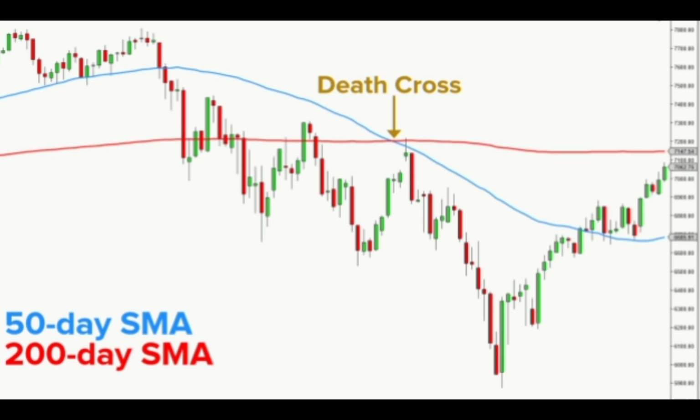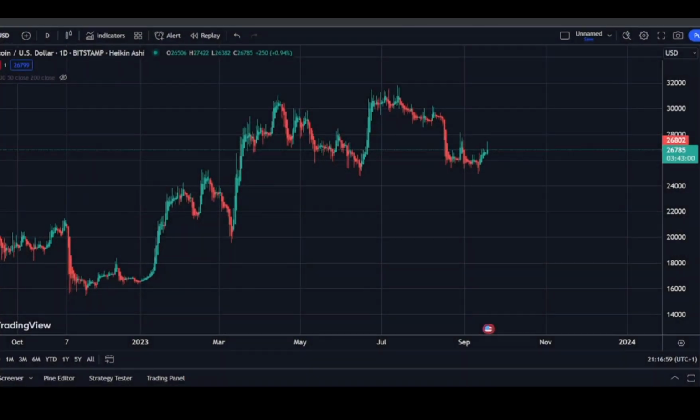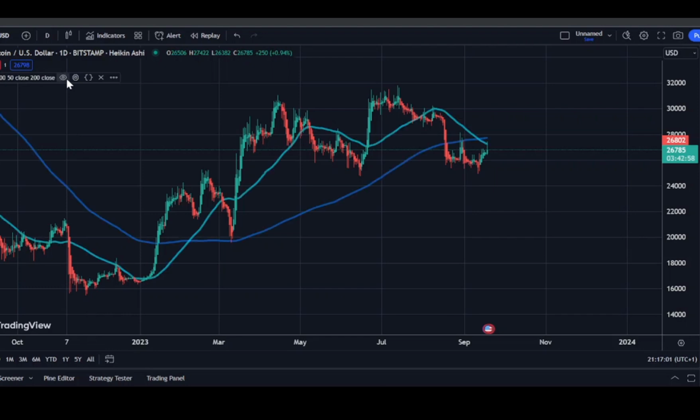If you have a look at our Bitcoin chart here, this cross signifies that the shorter term price trends are now crossing below the longer term trends, and it can be seen as a signal of a potential shift in market sentiment towards a bearish direction.